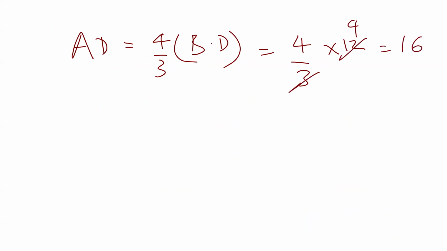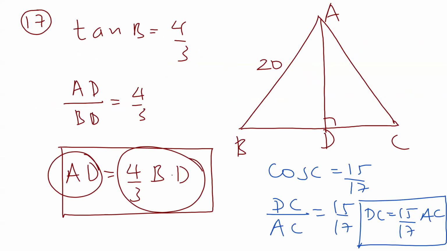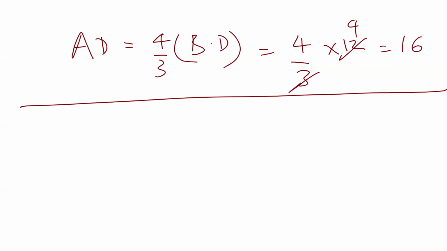Now let's go back to this triangle, triangle ADC. AD square plus DC square is equal to AC square. AD value we got, 16 square.